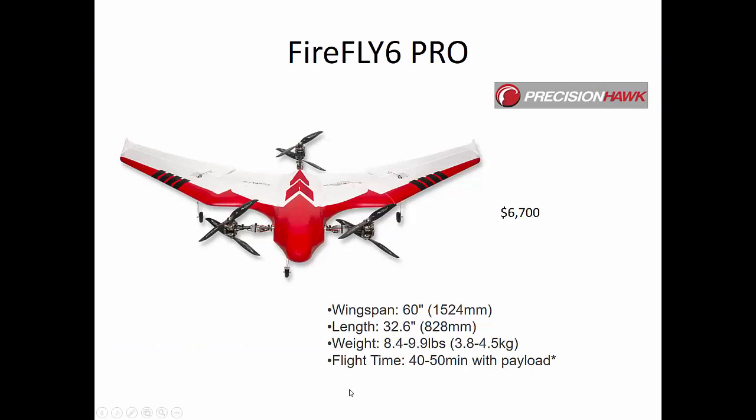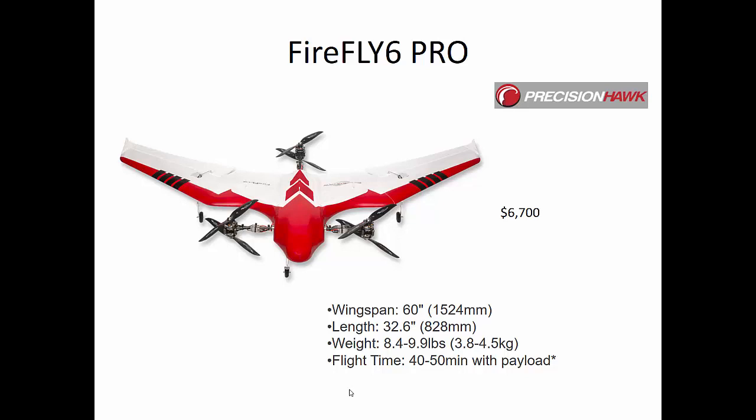Here is another sort of hybrid fixed wing. This is called a Firefly 6 Pro. It's being offered through PrecisionHawk, which puts the pieces together, if you will, from mission planning and partly image processing. The propellers and the motors are movable.